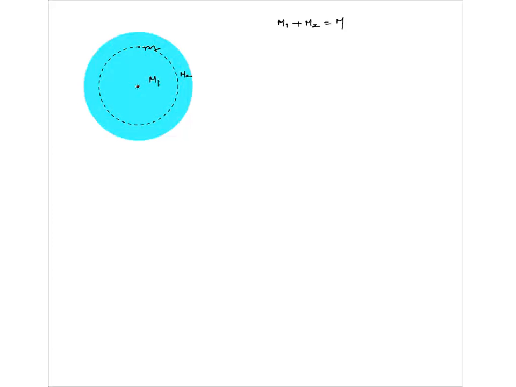So capital M1 can be considered as a point mass, isn't it? So force due to M1 is very easy to evaluate. How about force due to M2? What is M2? M2 is a spherical shell type of a thing. It's hollow from inside.